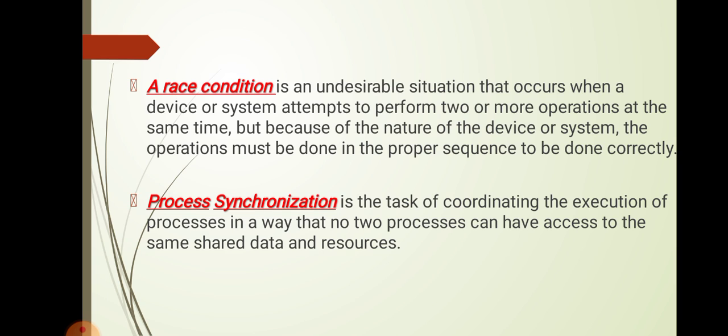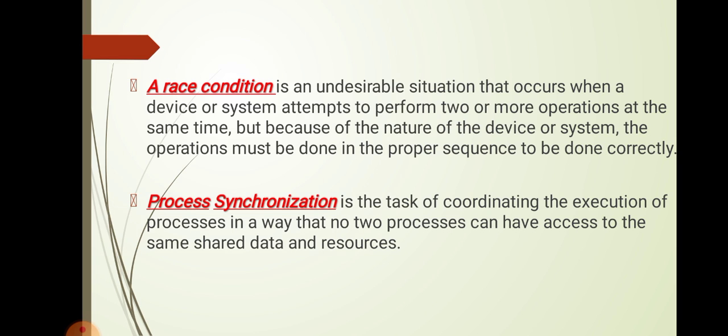Now, a race condition is a situation which occurs in a critical section. Remember, this race condition is going to occur in a critical section. So what is the solution for this race condition?